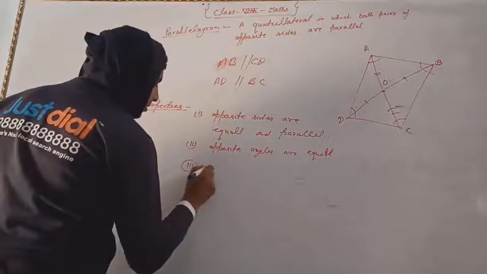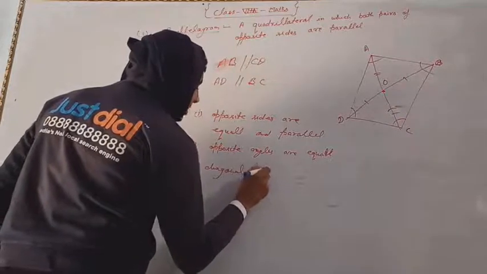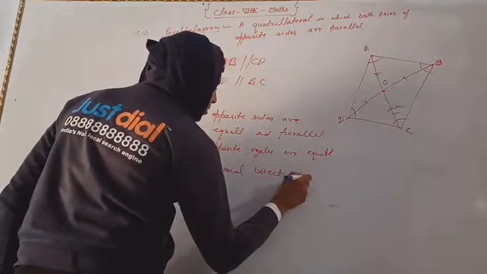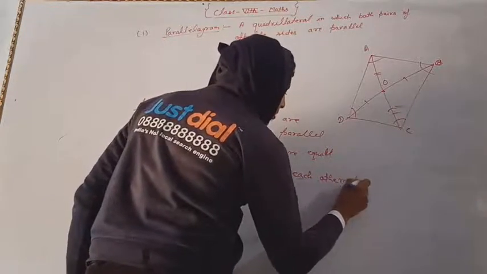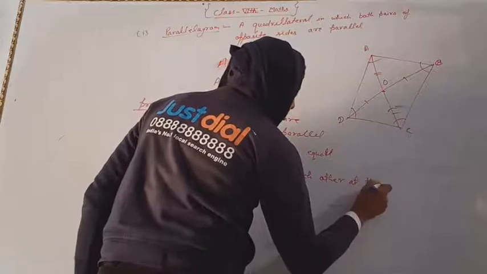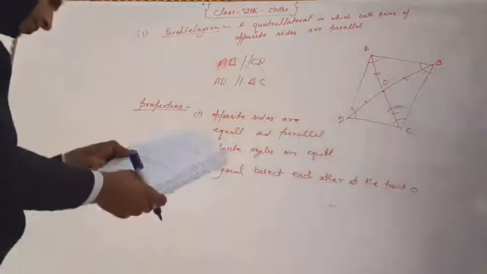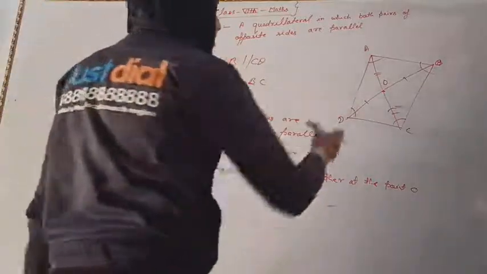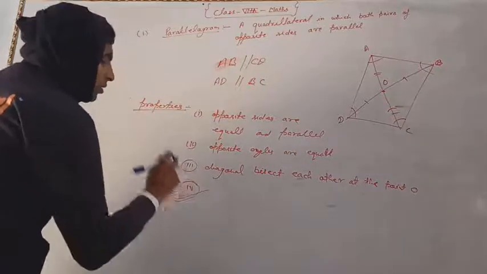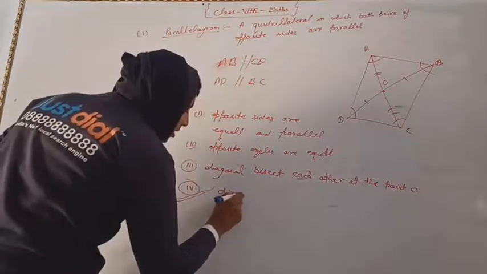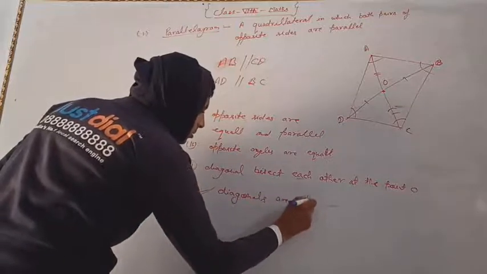Third property, diagonals bisect each other at the point O, and diagonals are not equal. This property you already know, that diagonals are not equal.